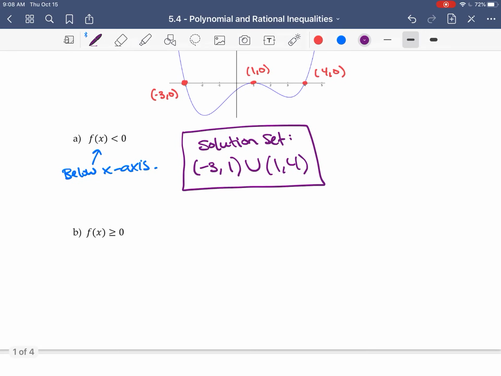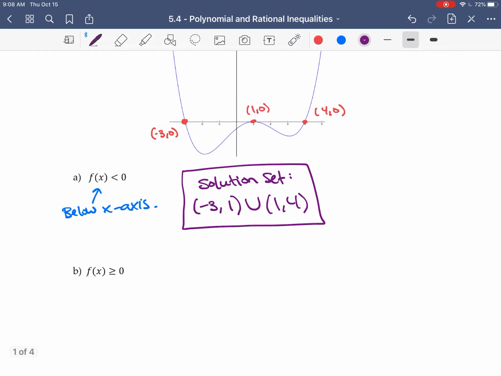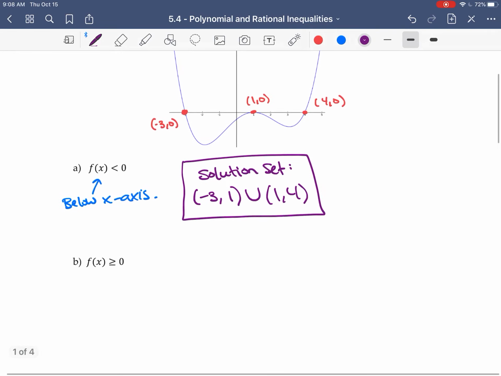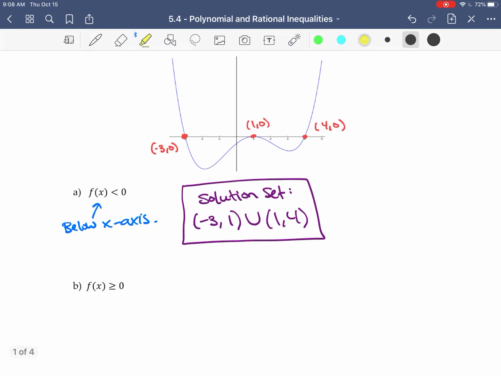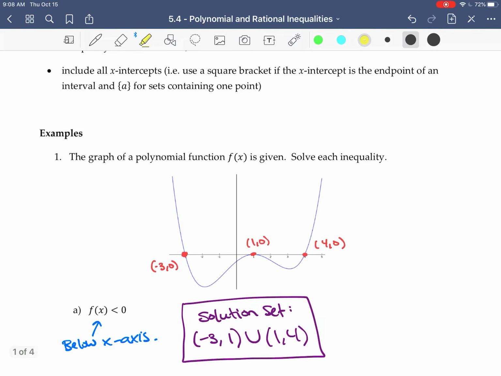Now if we wanted where the function is bigger than or equal to 0, we do want to include the endpoints. Let's highlight this one. Obviously all three of these x-intercepts are where we're equal, and bigger means we're above the x-axis, so those intervals there.